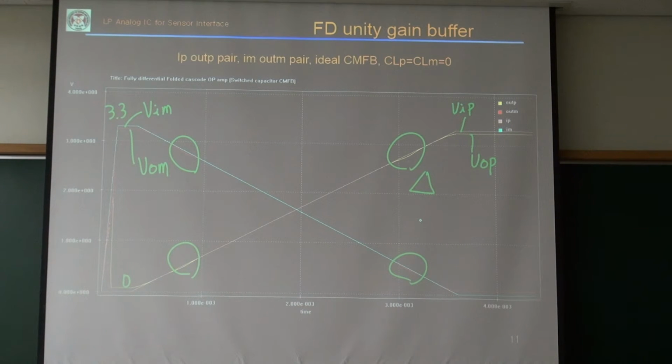Other than that, we have a very wide input range, right? We can still use this pretty wide range. Question? No? Yeah, this is ideal CMFB. I just put different combinations in a differential pair.